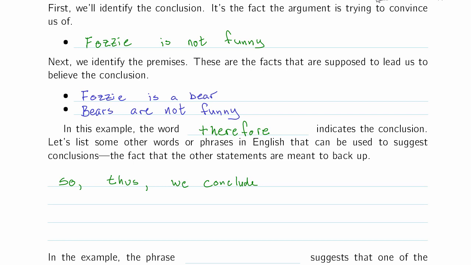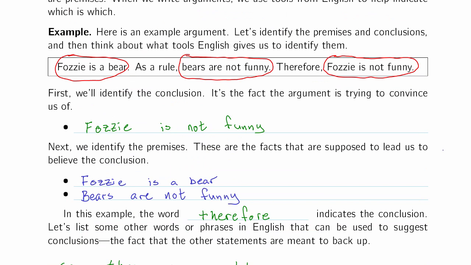But also in this argument, we have a phrase that cues us that one of the facts that we're stating is a premise. When we say, as a rule, we are often introducing a general rule that is widely accepted.